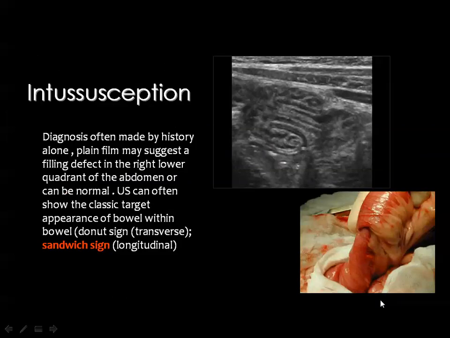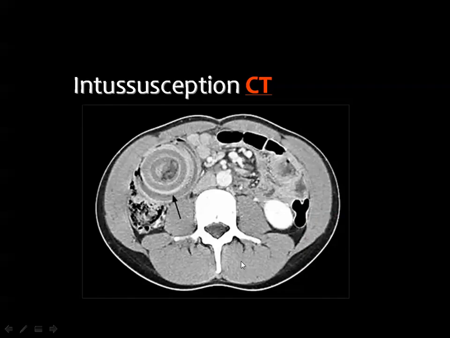And this is an intussusception showing what is known as the sandwich sign, with the bowel loop telescoped into the adjacent one, almost similar to this surgical appearance. This is the classic appearance of intussusception by CT, multiple whirly-like appearance of the target sign.